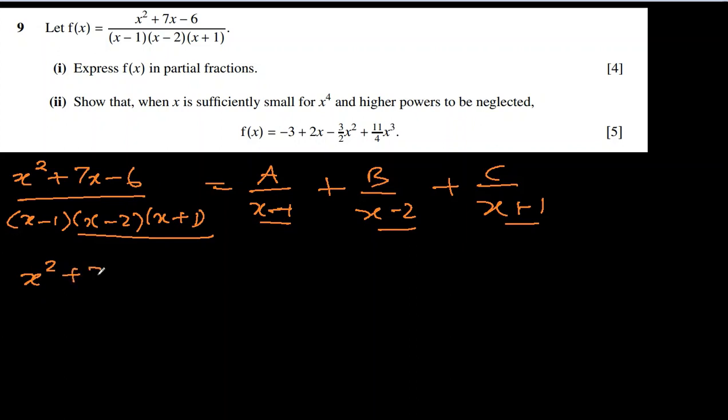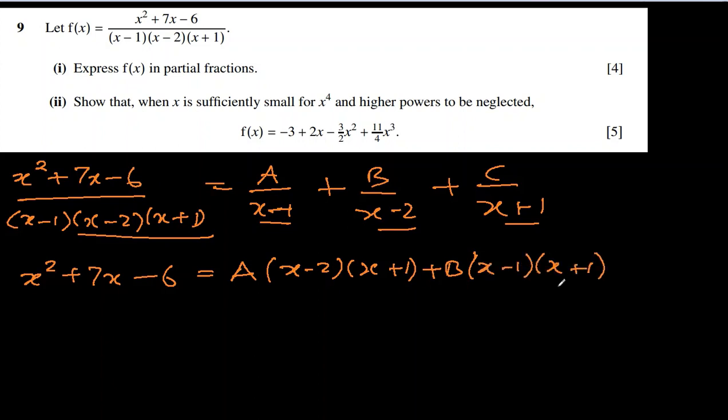And to do that, our numerator will be equal to a multiplying with the other two, not with its own denominator. It is already there, so we need two more. So we will write x minus 2, x plus 1 here, plus b. X minus 2 is already there, so we'll write x minus 1, x plus 1. And then we have c. X plus 1 is already there, so we'll write x minus 1, x minus 2.